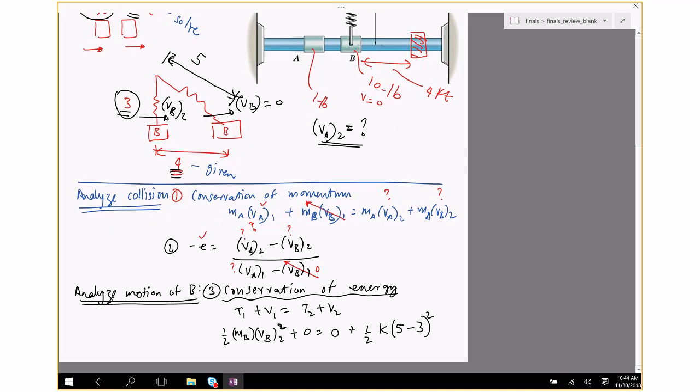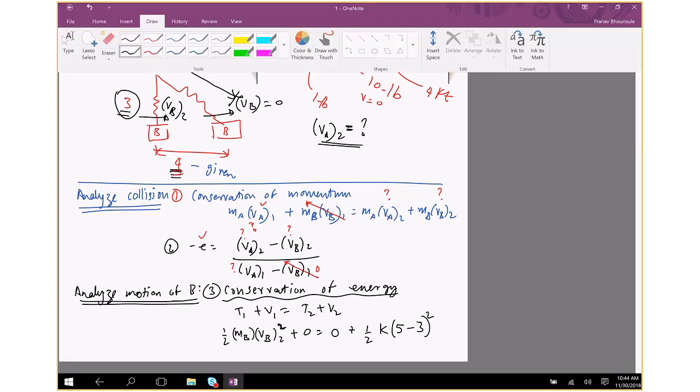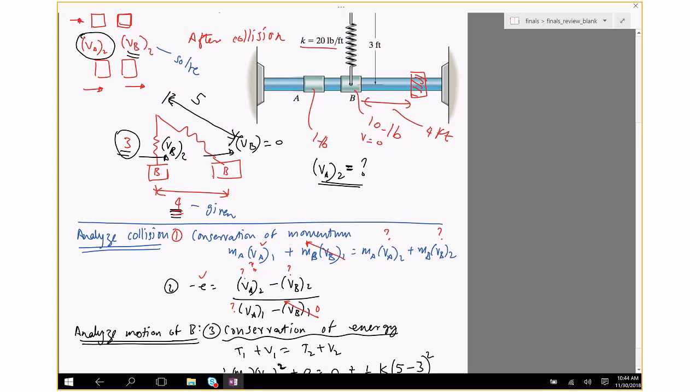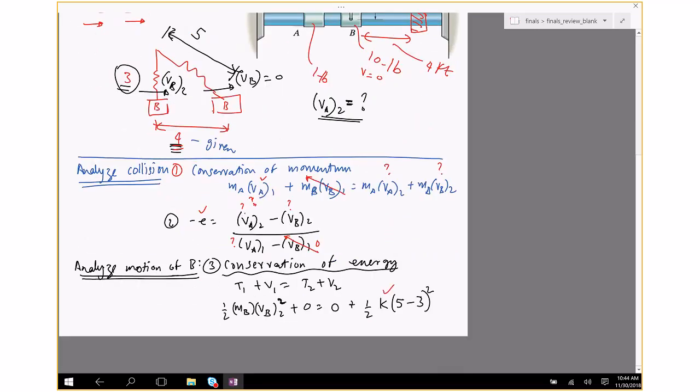Okay, now in this particular expression K is, I believe, given. It's 20. So K is given. MB is given. So VB is the unknown, and we can solve for VB. So the first thing to do is to solve for VB.